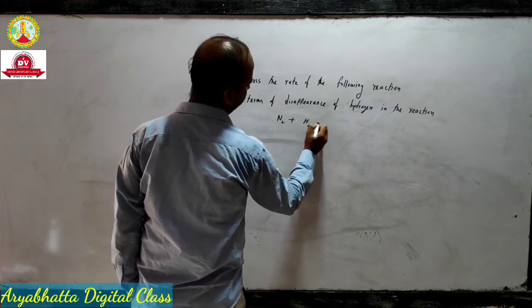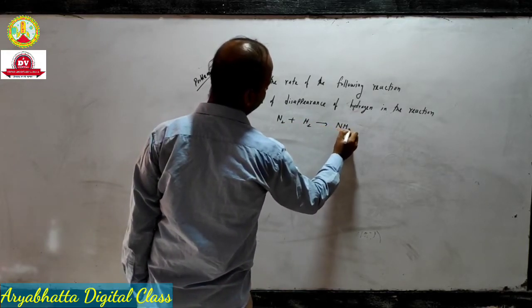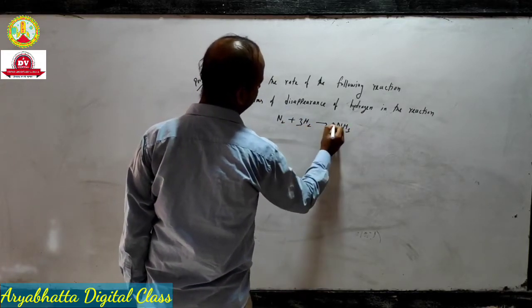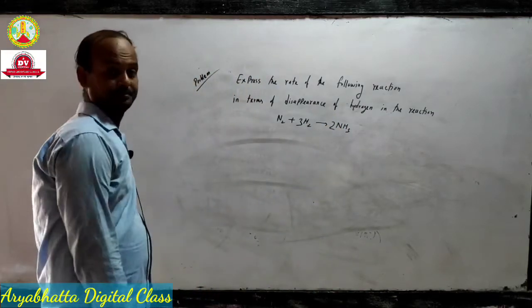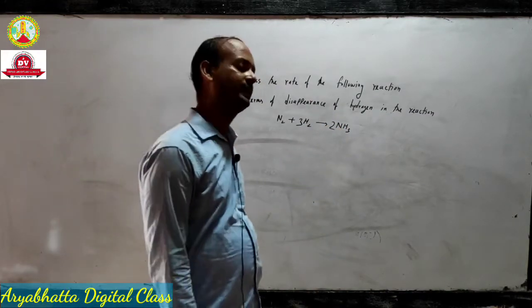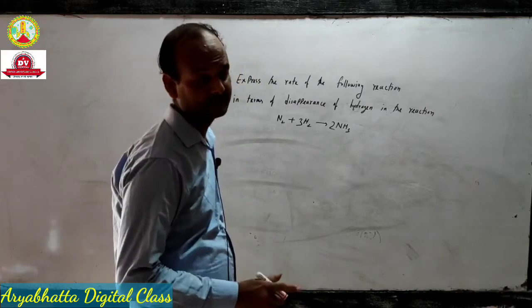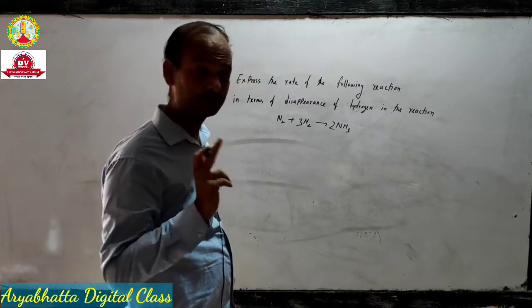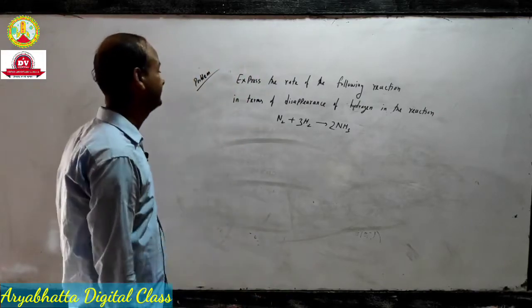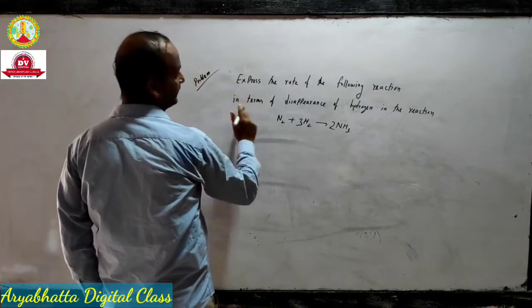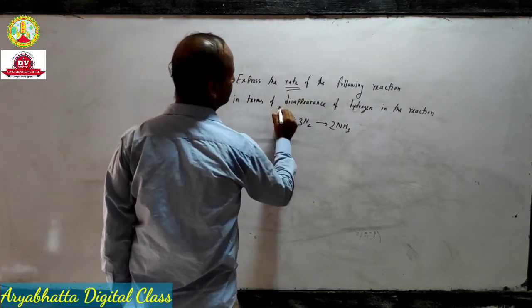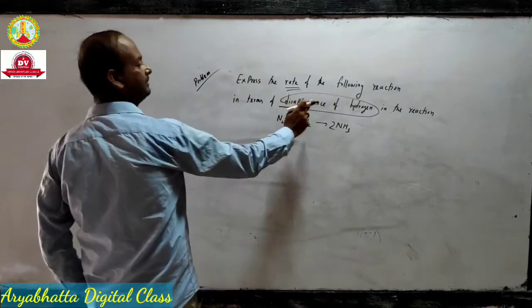Now let's see the reaction: nitrogen, hydrogen, NH3, this is 3, this is 2. I have said again and again that generally you can express the rate of a reaction in terms of reactants and also in terms of products, but here you have to express the rate in terms of disappearance of hydrogen.